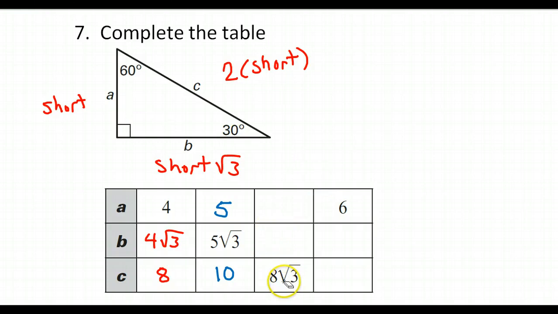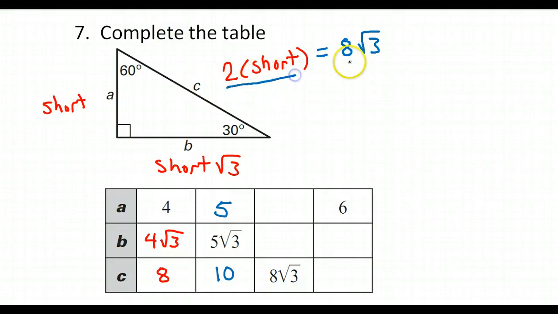Okay, what about this one? C is 8 radical 3. This is where I usually lose a couple people. C is 8 radical 3, so that means 2 short equals 8 radical 3. Just follow the process. Since I'm given the 8 radical 3, I should be able to find short right here.